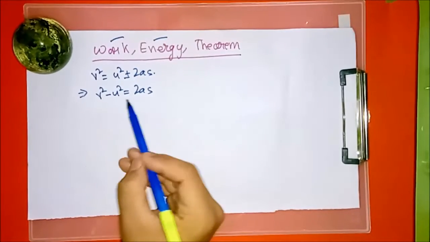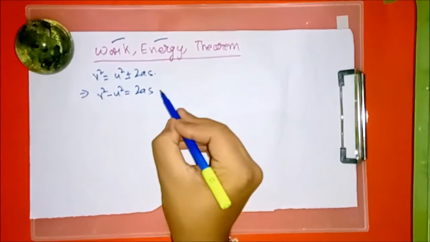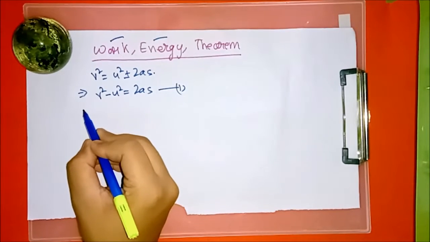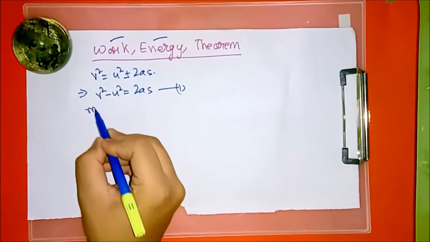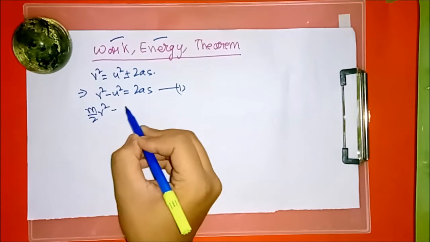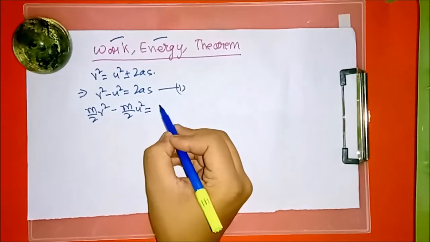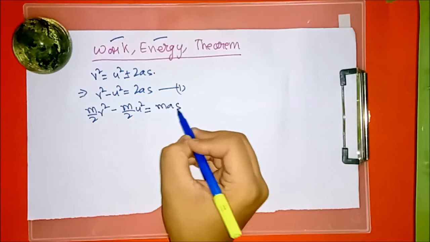So if we multiply this entire equation, suppose this is equation 1, by m by 2, we get m by 2 into v square minus m by 2 into u square equals m by 2 into 2as, where the 2 cancels, that is m into a into s.